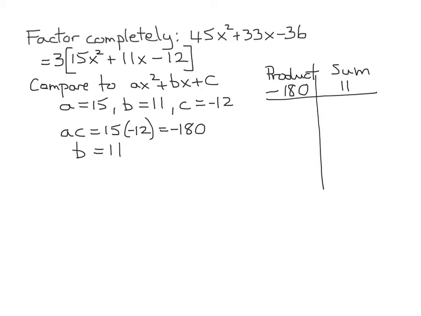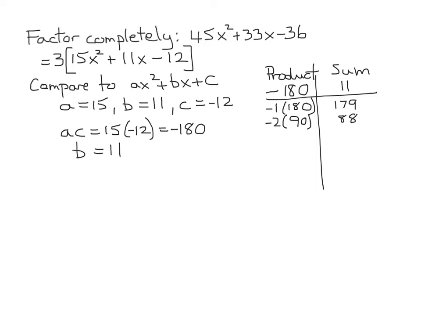So I'm going to start out with negative 1 times 180. Those definitely multiply to negative 180, but unfortunately the sum is way too large. So negative 2 times 90 is negative 180. They're going to add up to 88.